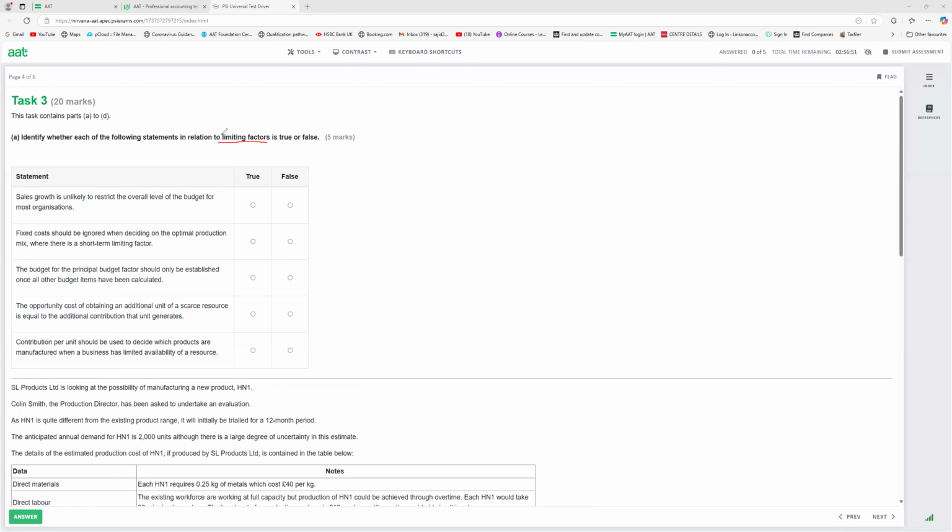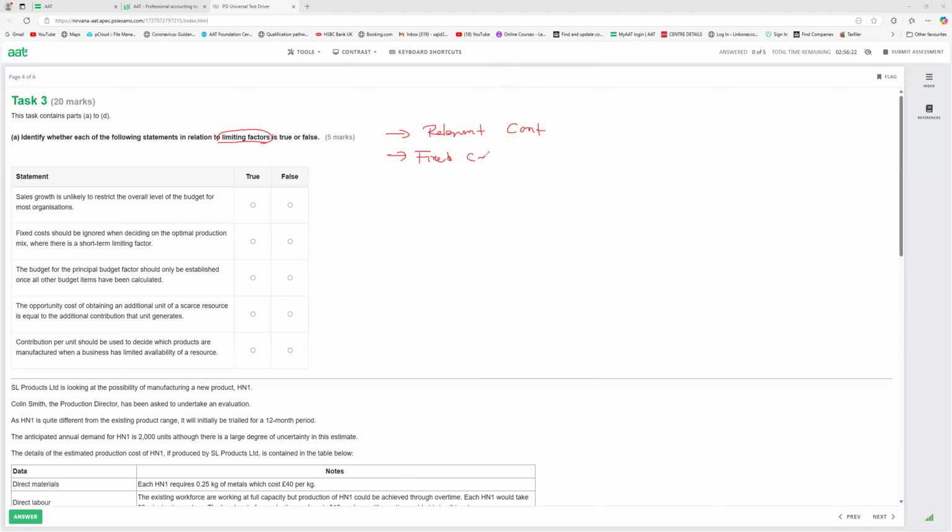When you do the limiting factor, we always need to consider a few things. The first thing we need to consider is the relevant cost. Relevant cost means we only consider the variable cost, the cost that is relevant to creating any additional unit.